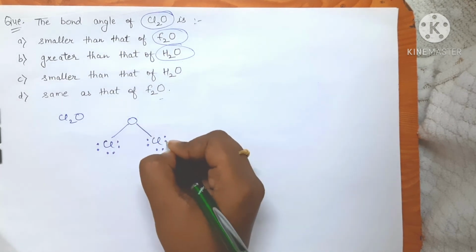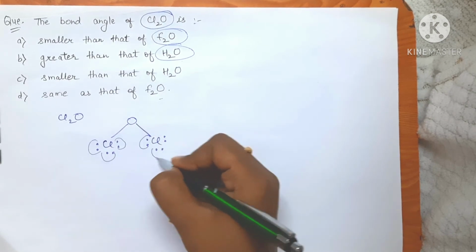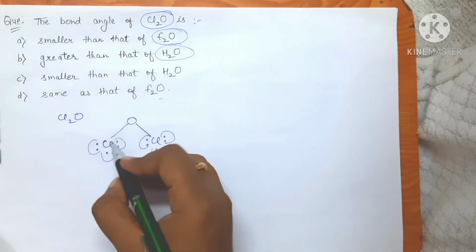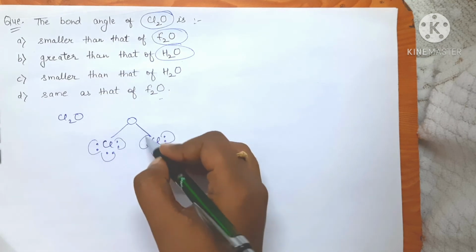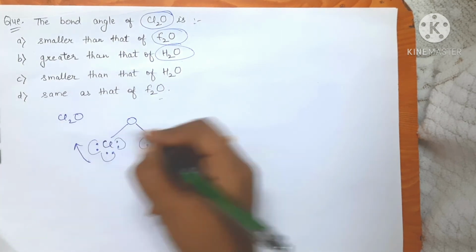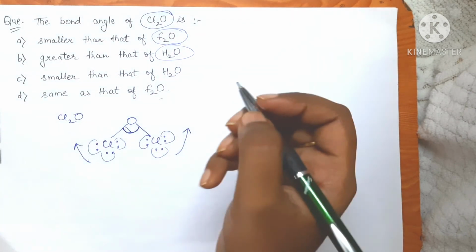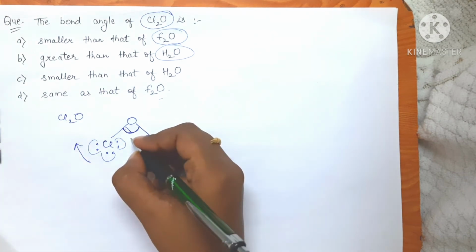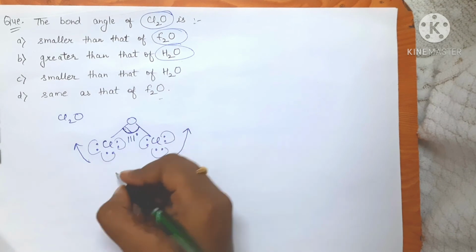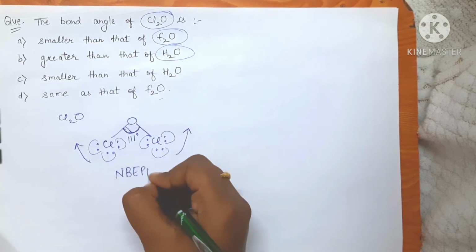We discussed the non-bonded electron pair repulsions, that is, here the 2 chlorines are very big in size, so the lone pairs present on these chlorines start to repel each other, and due to that this bond angle increases from the natural 109 degrees and approximately reaches 111 degrees. So this is happening due to the non-bonded electron pair repulsions.